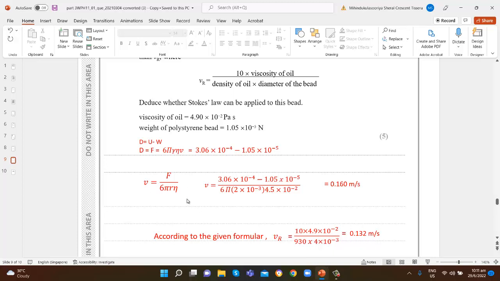What is our normal v? The calculation. So now we know F is 6 pi eta r v. So it is this much. So v is going to be F over 6 pi r eta. So v is going to be this. So we are getting 0.16 meter per second.